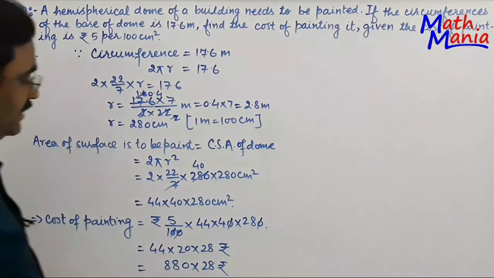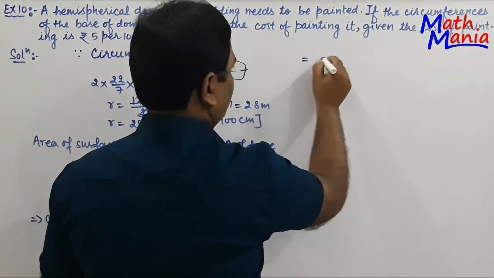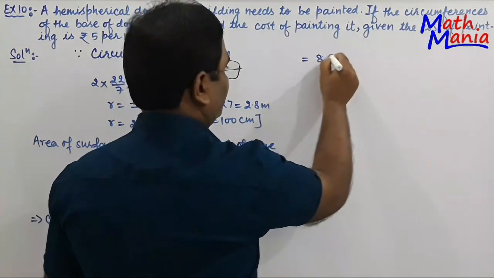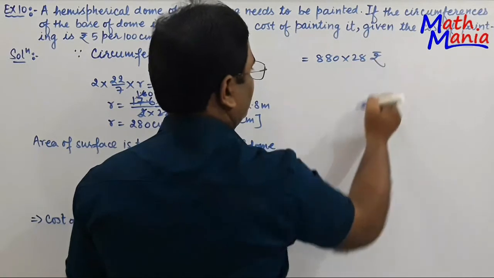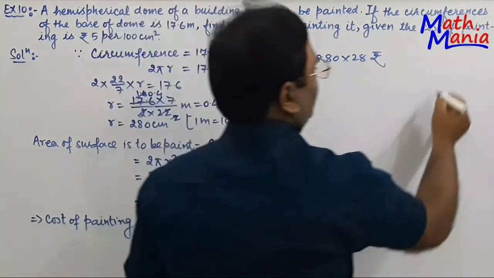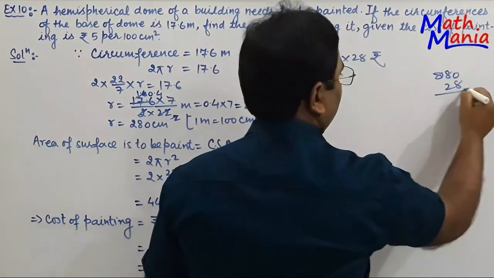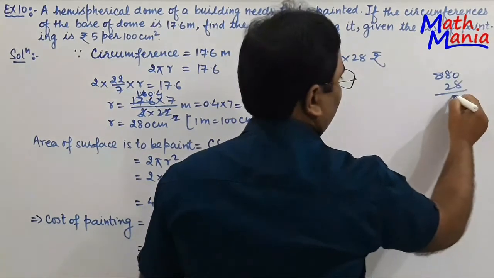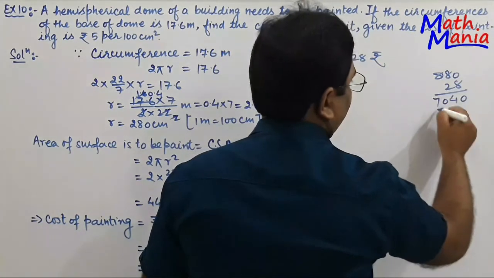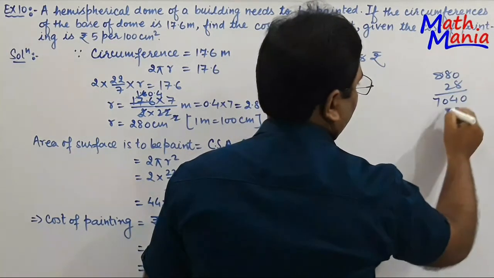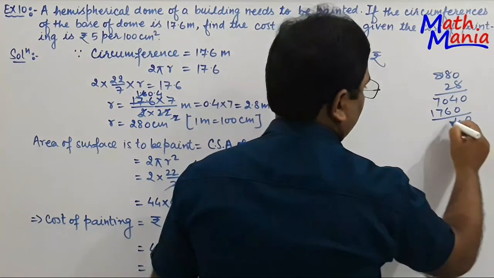अब इसको मल्टीप्लाई कर लेते, that is equal to 880 multiplied by 28 rupees. So let's multiply it. 880 into 28, 8 8s are 64, plus 160, 2 8s are 16, 117.